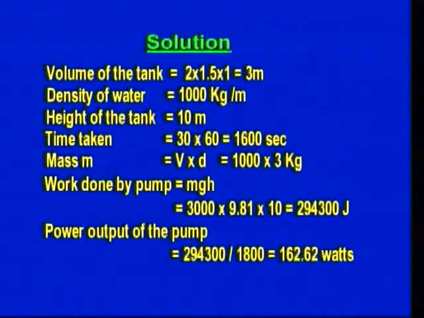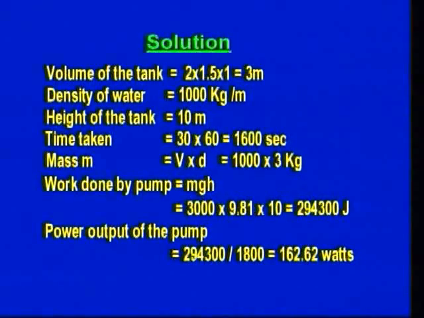Let us solve this problem. The given data is volume of the tank is equal to 2 into 1.5 into 1, that is 3 meter cube. Density of water is 1000 kg per meter cube. Height of the tank from the pump is 10 meters. Time taken is equal to 30 minutes, therefore it is 30 into 60, 1800 seconds.